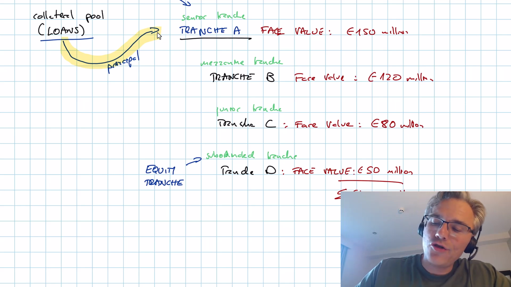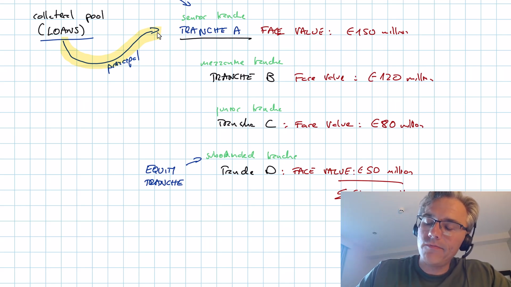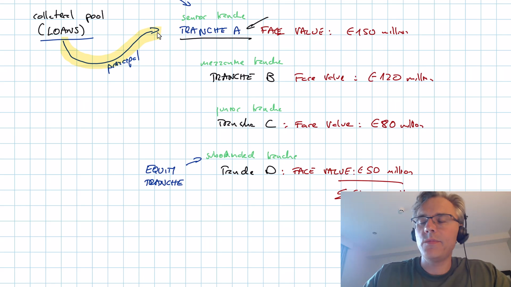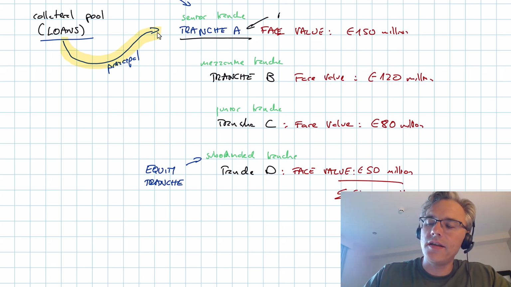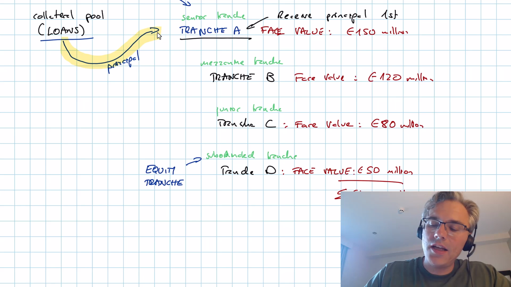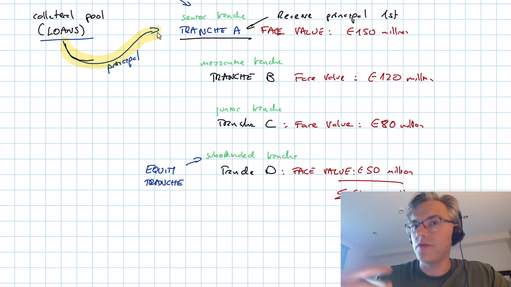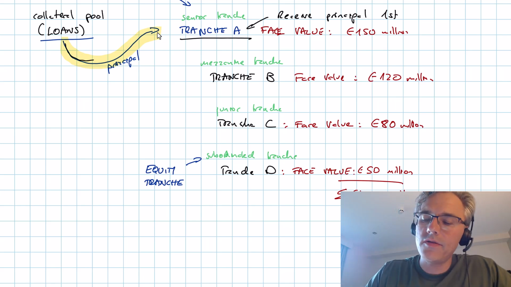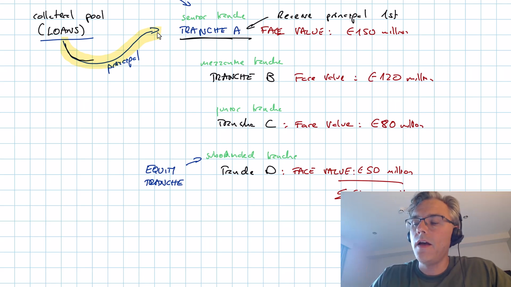So these guys receive their principal first. Any money being repaid here, which is classified as principal, goes to these people first.